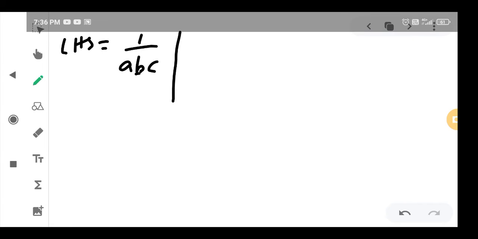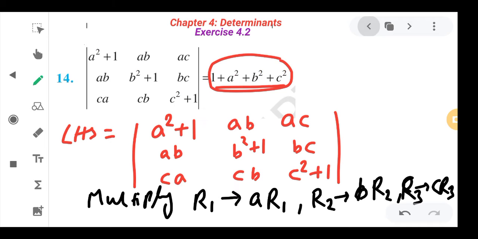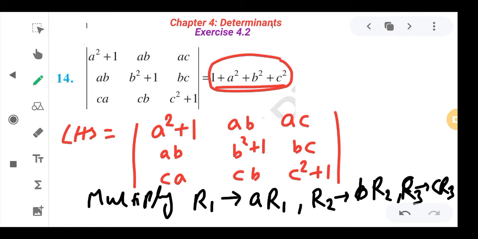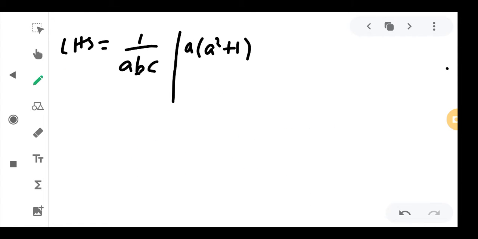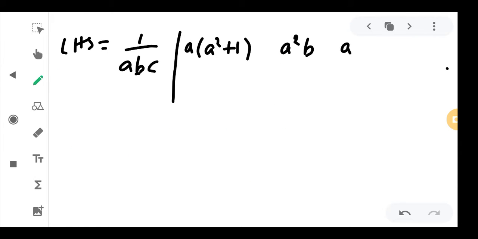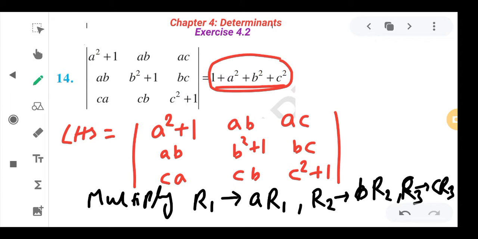Okay, you will understand. I will multiply a, then the first term will be a into a square plus 1, and this will be a into ab, means a square b, and similarly this will be a square c. Okay, so this is our first row. Second row I am multiplying with b.